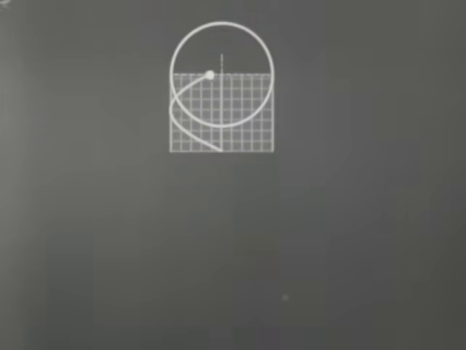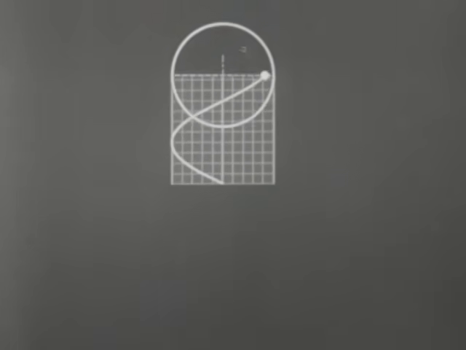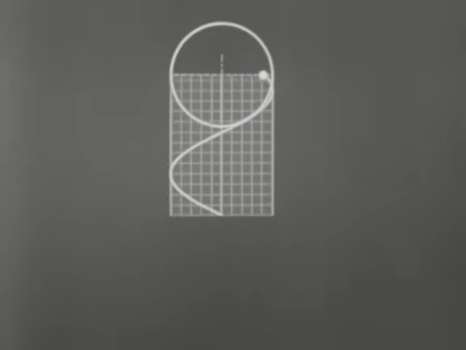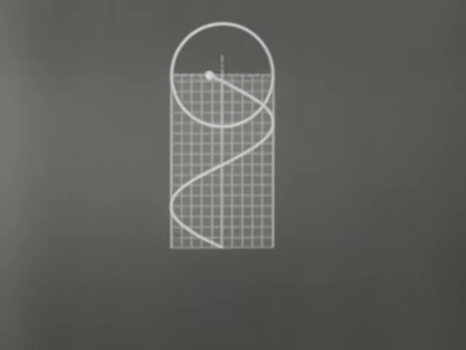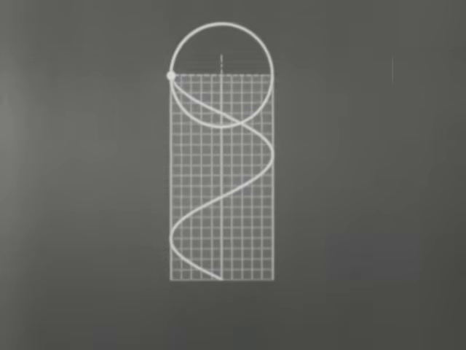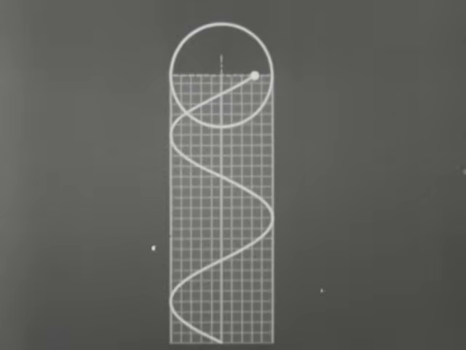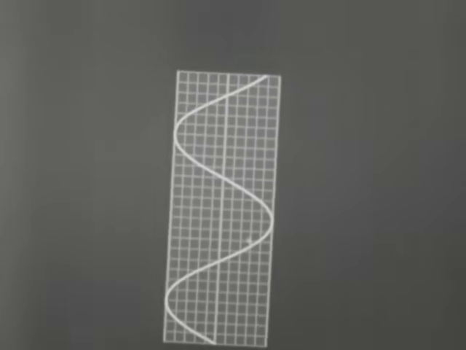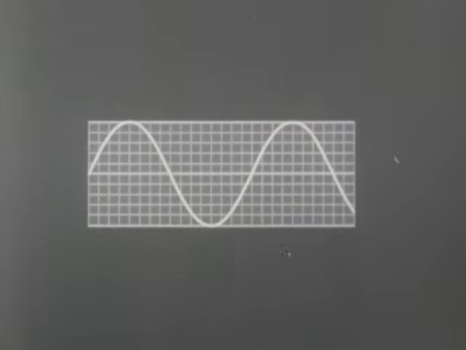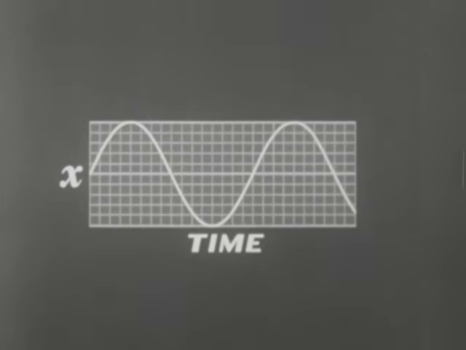We can plot the values of x by tracing the instantaneous positions of the body upon a strip of paper moving at a constant speed. We will then have the displacement x versus the time. This graph represents a sine curve.